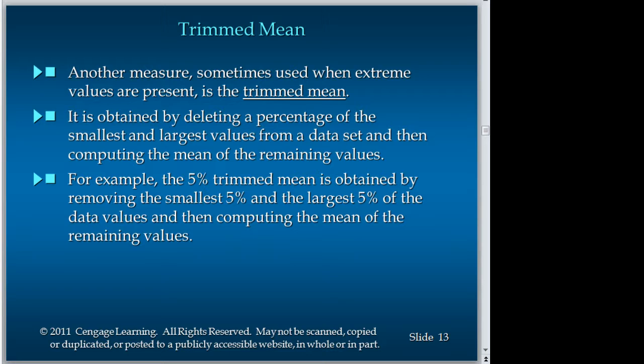So if you use a 5% trimmed mean, for example, you cut off 5% on the bottom, 5% on the top, you work with the middle 90%, right? Because 5 and 5, 10%, you take out and you work with the middle 90%. Well, the reason why this may be a good idea is that you can avoid those extremely big values or the extremely small values, right?